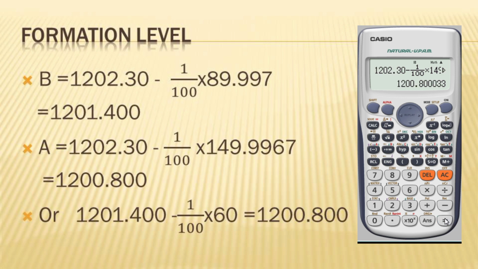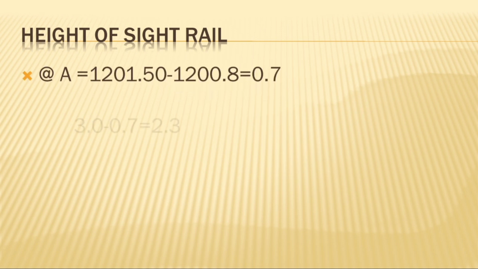The same is done if I get my data from B. I'll use the formation level at B minus the gradient, 1 over 100 multiplied by 60, getting the same answer, that is 1200.8 meters.